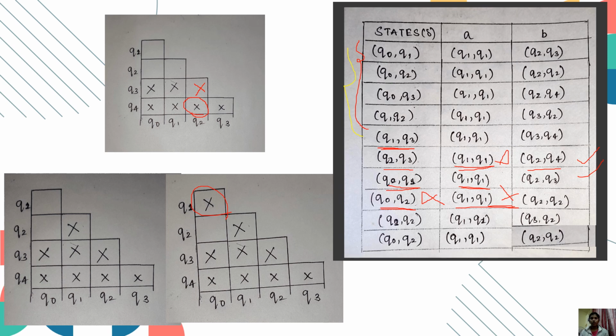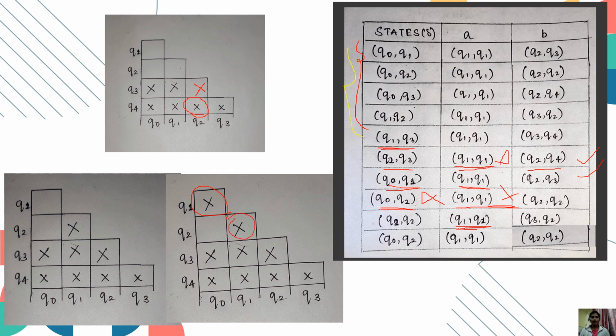For Q1 Q2, A is Q1 Q1 and B is Q3 Q2. Here you can see the Q3 Q2 state is marked. So since we satisfy the condition, we are going to mark the Q1 and Q2 state. So here the Q1 Q2 state is marked.